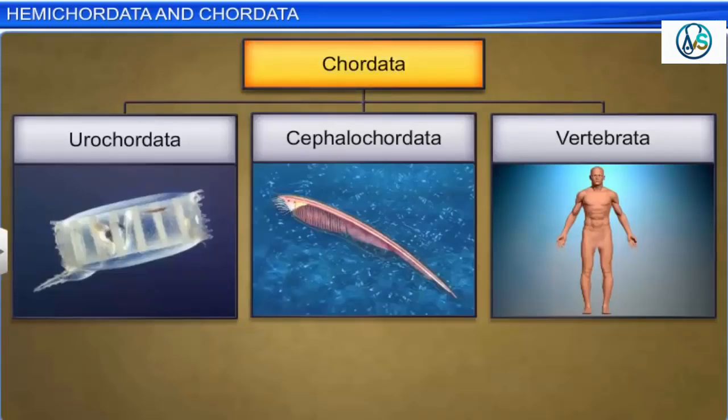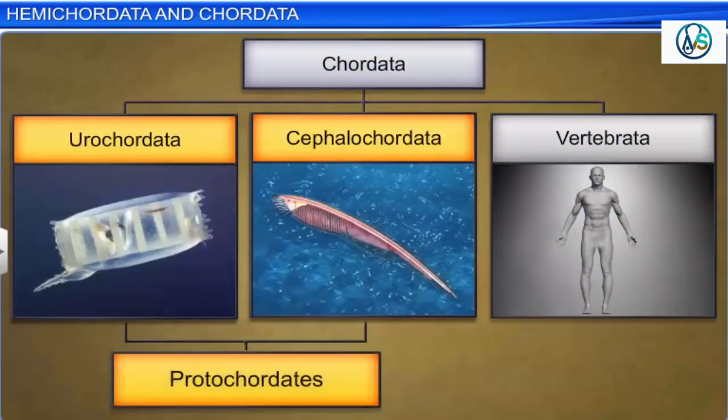Phylum Chordata is divided into three subphyla: Urochordata or Tunicata, Cephalochordata, and Vertebrata. Subphyla Urochordata and Cephalochordata are also referred to as protochordates.